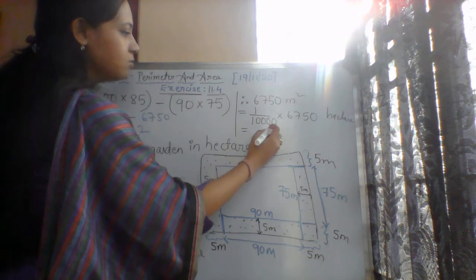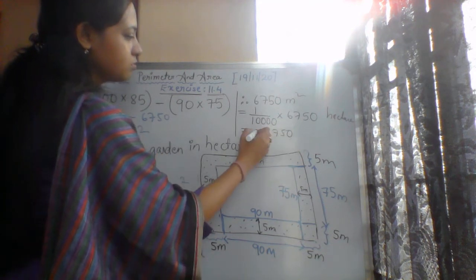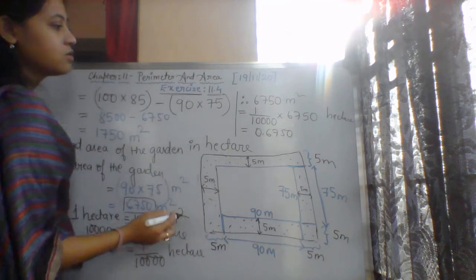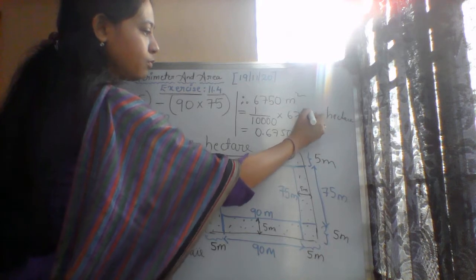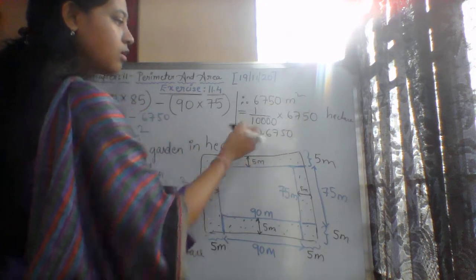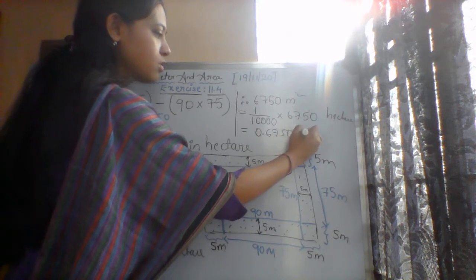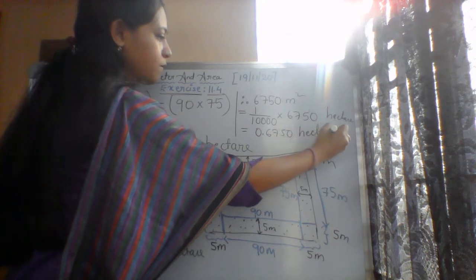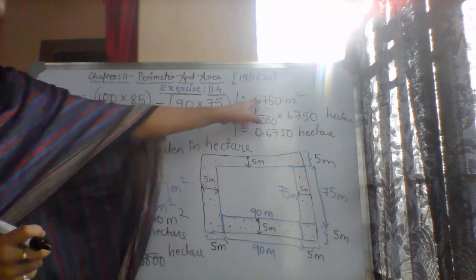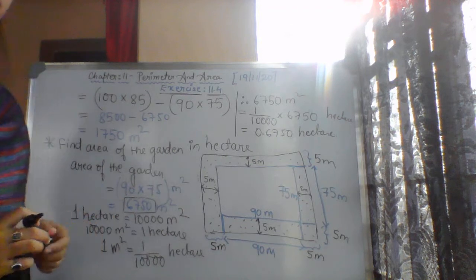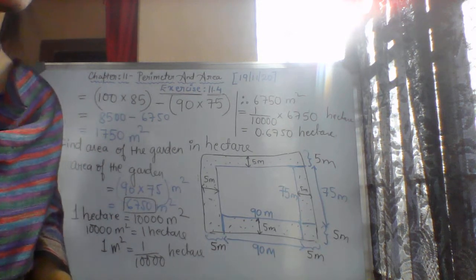So that will come 6750, and 10,000 has 4 zeros, so the decimal shifts 4 places to the left. So it will be 0.6750 hectare. So 1 meter square we have got, so this much meter square into this. Very easy. This is the application of conversion of unit.